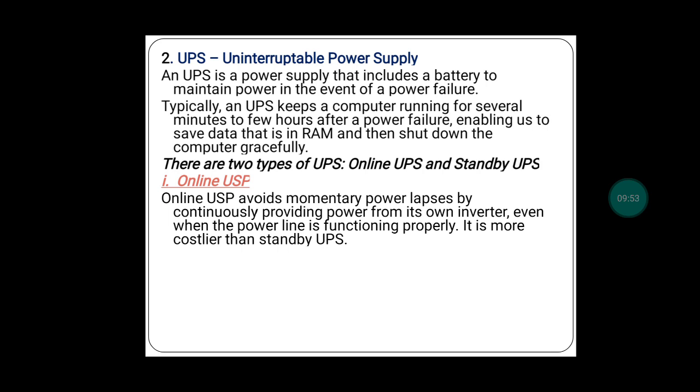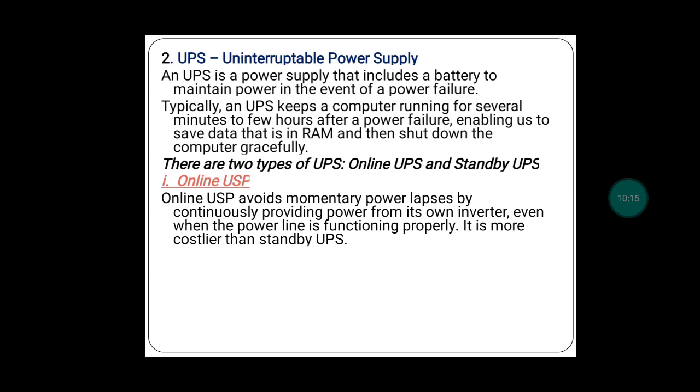Means what? This online UPS will work even when you have a power supply to your computer systems from the mains, even when the power line is functioning properly. Right now you are working, and on your system you have an online UPS.